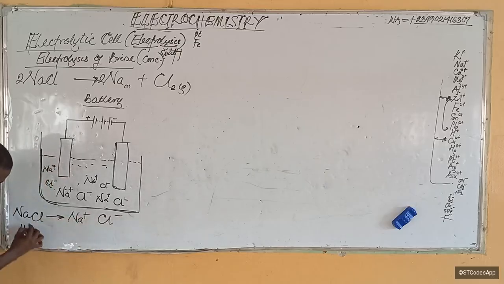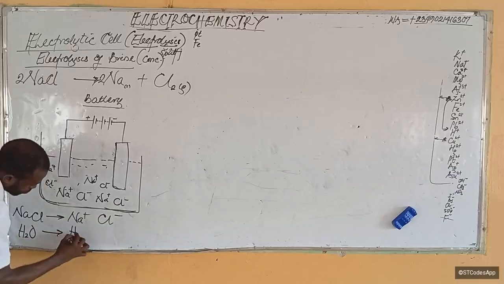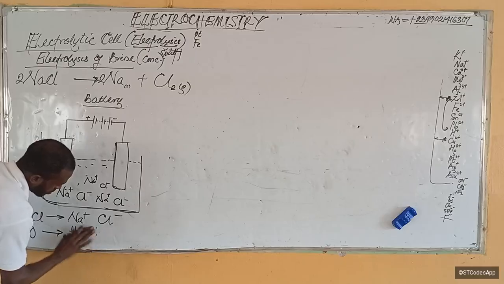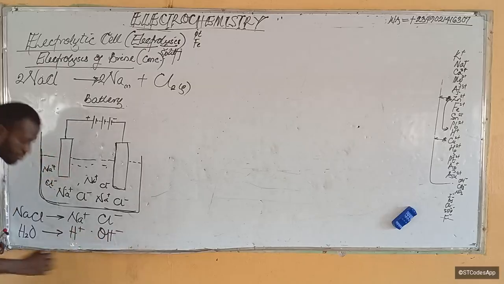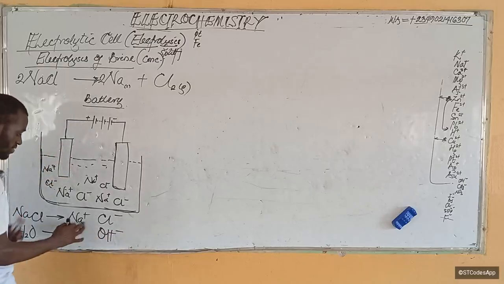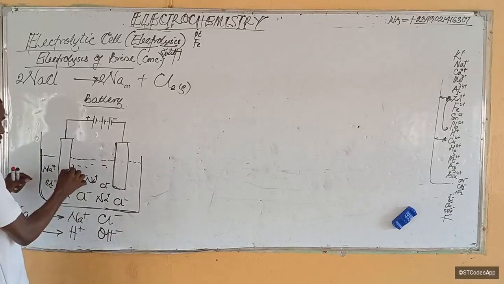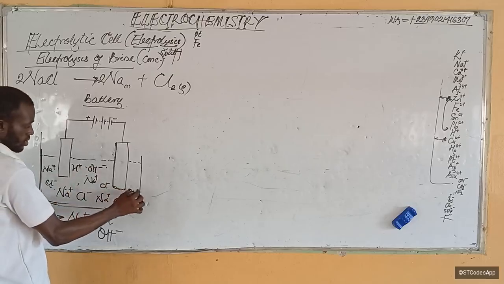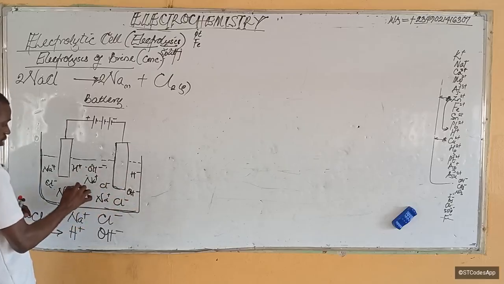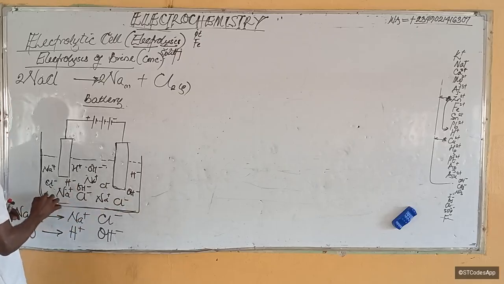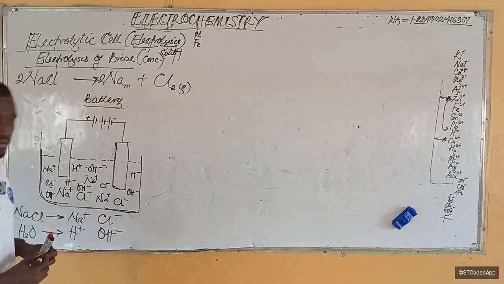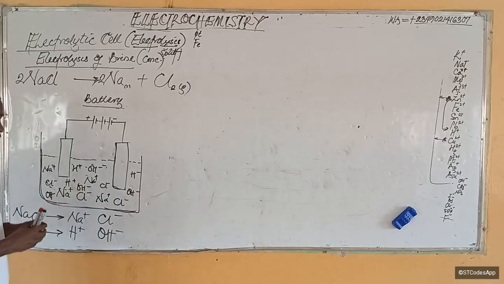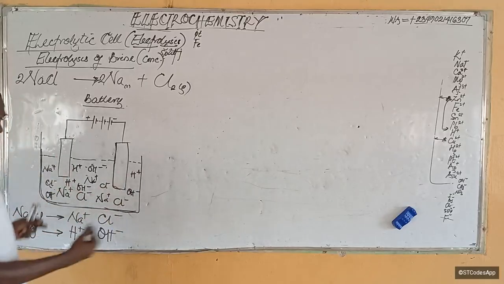Then H2O has dissociated to H plus and OH minus. So we also have H pluses and OH minuses everywhere. They also fill this place, right?